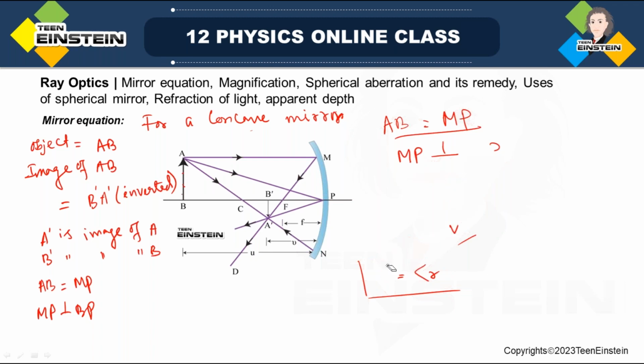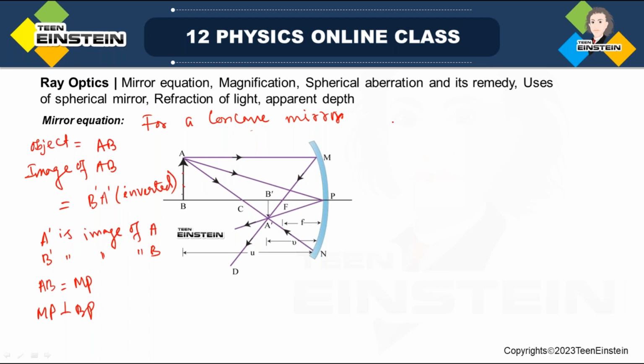Now I'll write on the right hand side. Let me tell you this: I'll be purely using geometrical considerations. That's why this ray optics is also known as geometrical optics. So here, look, I'll take two triangles.